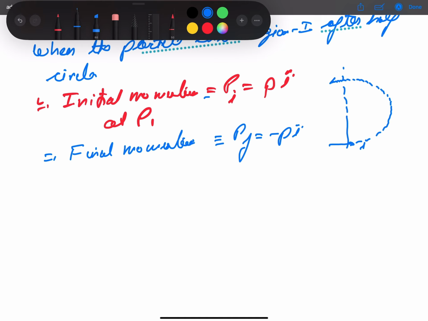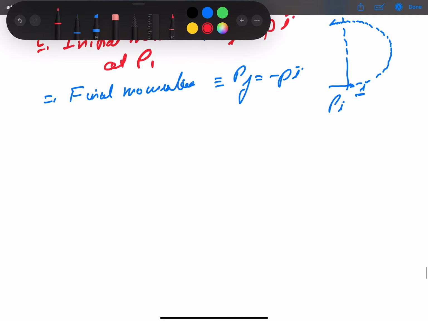So only the direction of the momentum is going to change. Initially it is equal to Pi, and finally it will be equal to minus of Pi, because the velocity is going to remain the same and mass is also not changing.